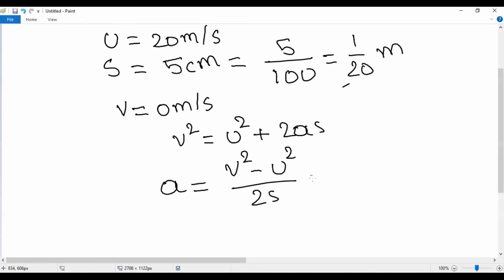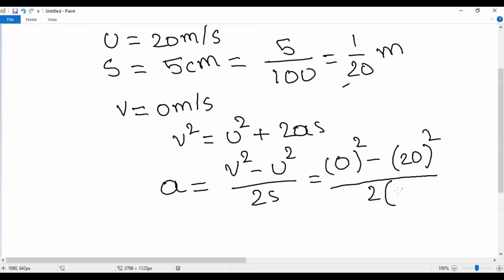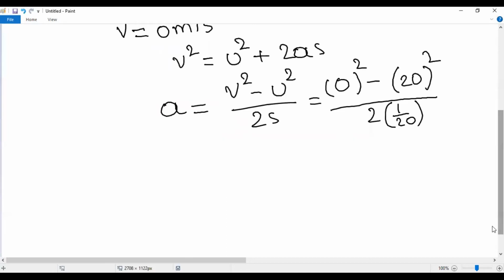So 0 square minus 20 square by 2 into 1 by 20. Okay, so now we have to just do the simple calculations here.